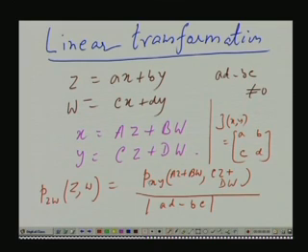Obviously, p of x,y is given to be jointly normal, so it will have an exponential form, where this will be squared and this will be squared. Of course, the corresponding variances and other things will come up, but the square term involving Az plus Bw, and again a square term involving Cz and Dw, will be present.